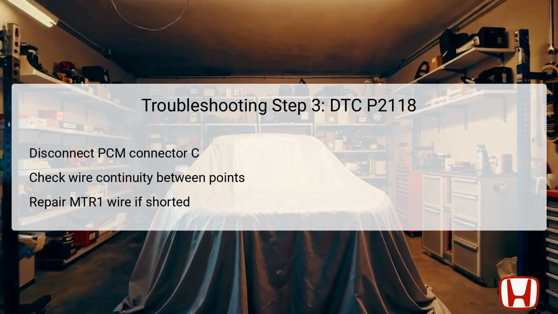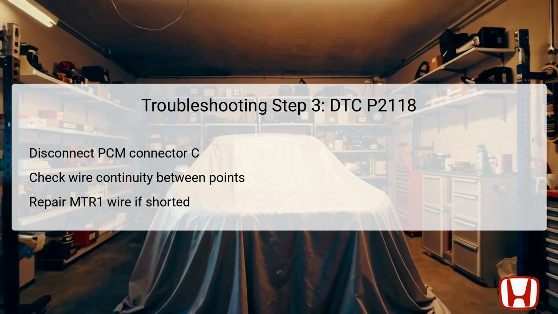Step 3 of the troubleshooting process requires disconnecting the PCM connector C, which generally handles additional functions relating to throttle control and monitoring. With this disconnection, the continuity between test points 1 and 2 is checked specifically for the MTR1 and MTR2 lines.